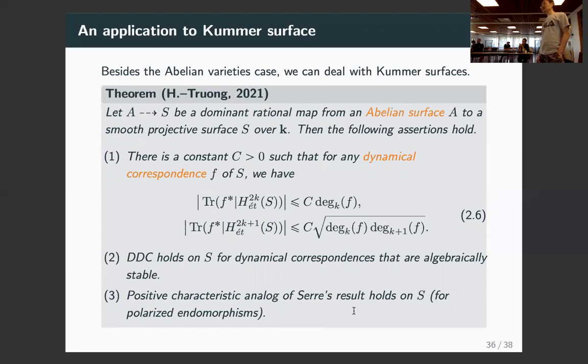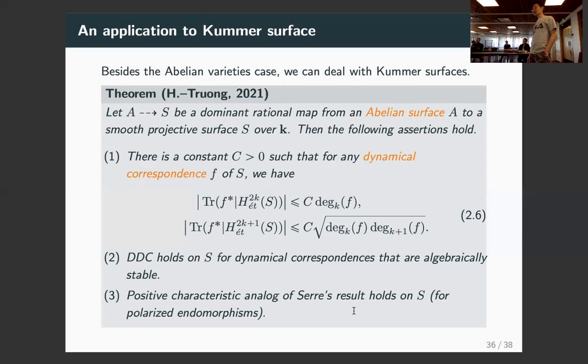So for this surface, we can show that, first, there is a uniform constant such that we have inequalities of this type for dynamical correspondences. The left side is the trace of the pullback on cohomology groups. And secondly, using the first one, we can show that the dynamic degree comparison holds for dynamical correspondences that are algebraically stable.